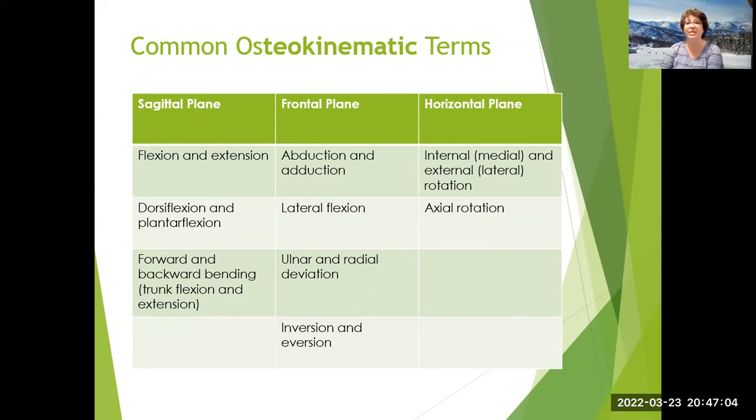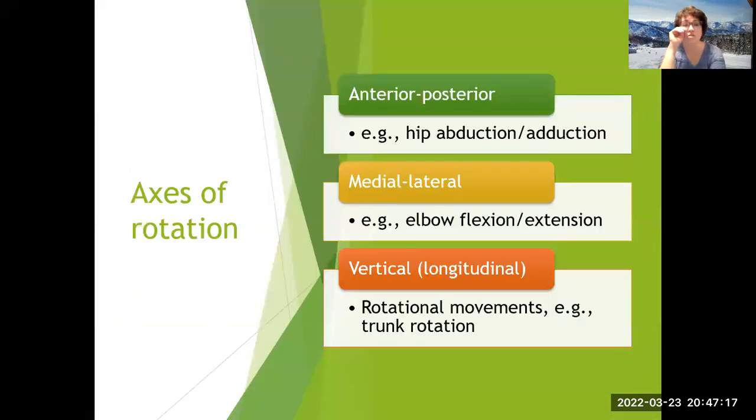In the horizontal plane, we get internal and external rotation or medial and lateral rotation of whatever joints do that, and axial rotation, so rotation of our head, rotation of our trunk. So the axes of rotation, remember these are the axes that run perpendicular to the planes. So an anterior posterior axis, you can take your pen or pencil or knitting needle, runs straight through the frontal plane.